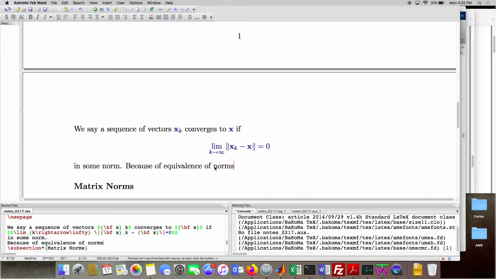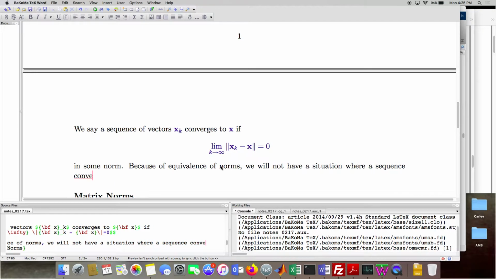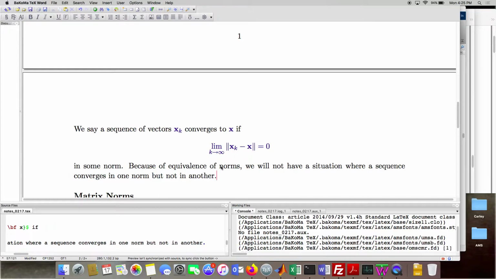So because norms are equivalent, you're not going to have a situation where a sequence converges in one norm, but not in another. For the purpose of convergence, it doesn't matter which norm you're using to, for example, find the limit or prove that a sequence of vectors converges to a limit.